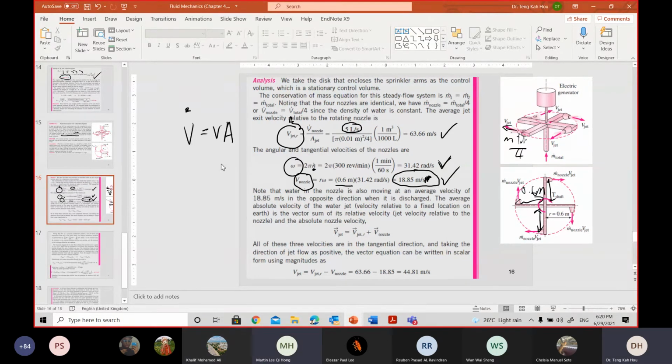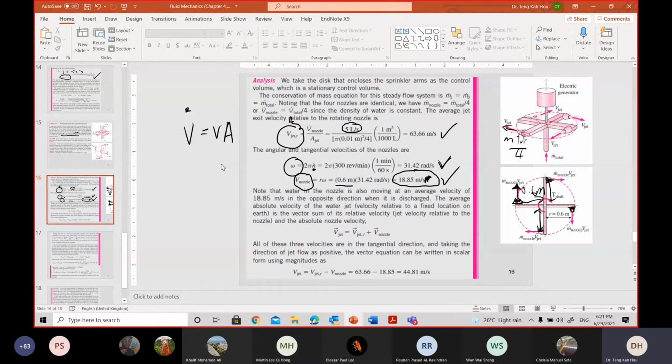Can I ask where is the nozzle? The nozzle is this one. Sir, then what about the jet? The jet goes in this direction.